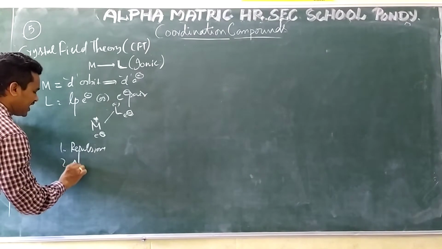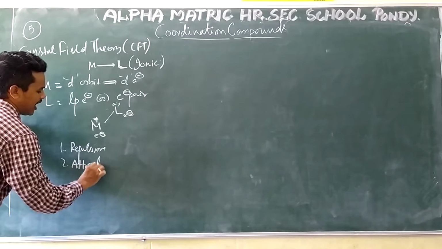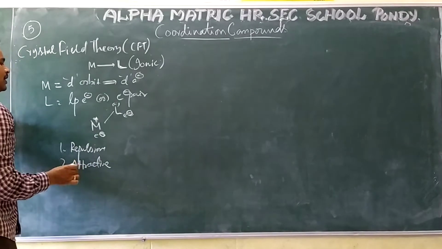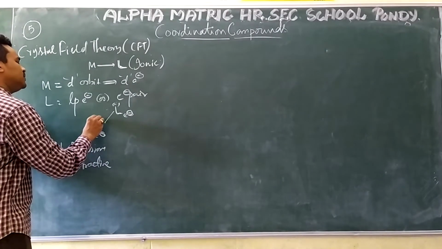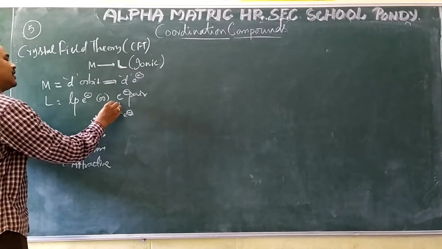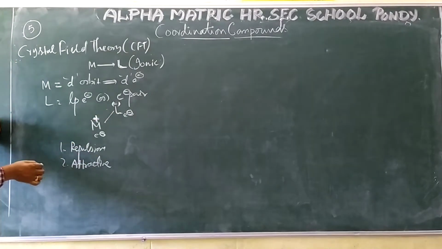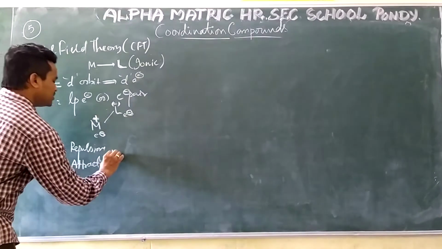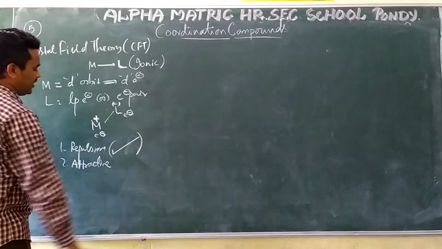The other is attractive force, between the positively charged metal and the negatively charged electrons. Here repulsive forces are dominating.